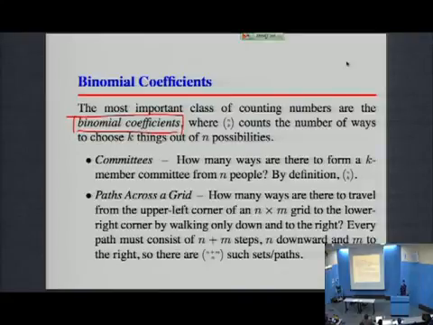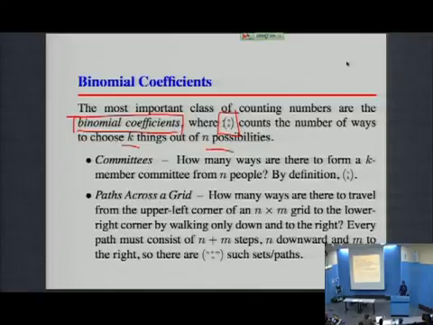How many people here know what a binomial coefficient is? Okay, people don't know. You've probably heard it, but you're rusty. By the binomial coefficient, I mean n choose k. It counts the number of ways you can choose k things out of n. Does everybody get that idea?